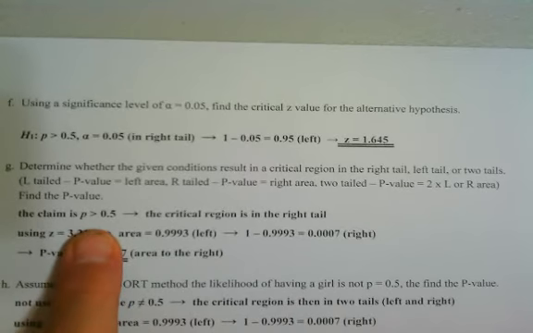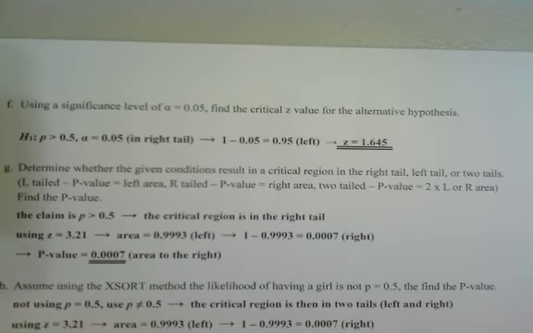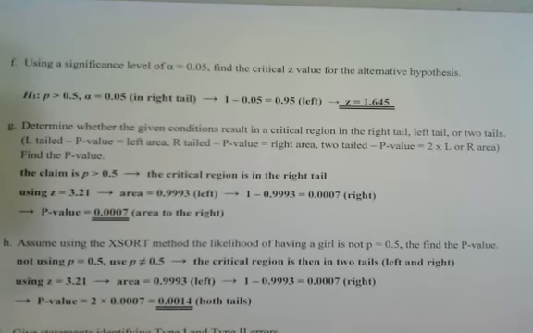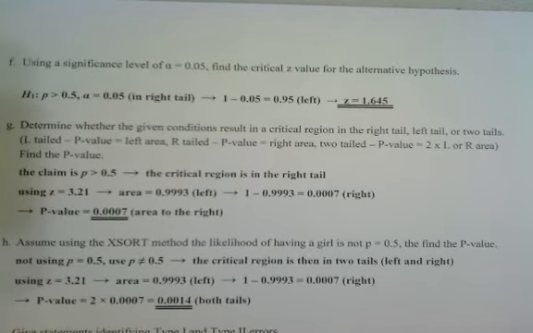Anytime you have greater than or less than for your claim, then it's 1 tail. Greater than will go in the right tail, less than will go in the left tail, not equal to 2 tails. So, using the same thing we just did, note that the 0.0007 gets doubled because now we're thinking about the area in both tails.